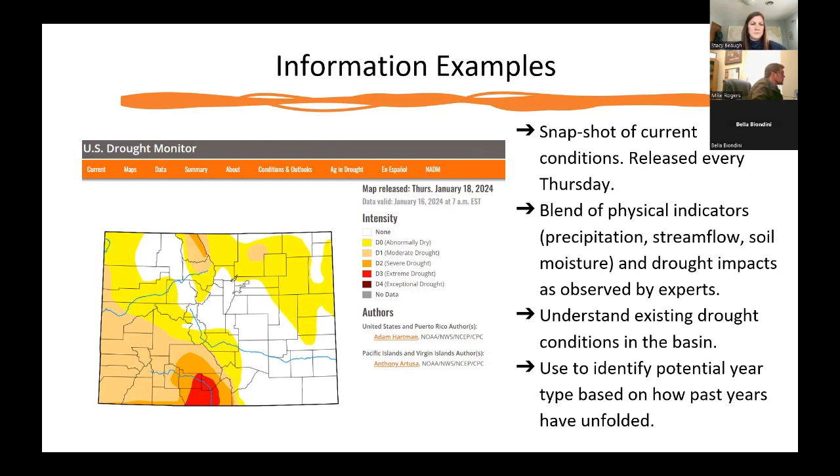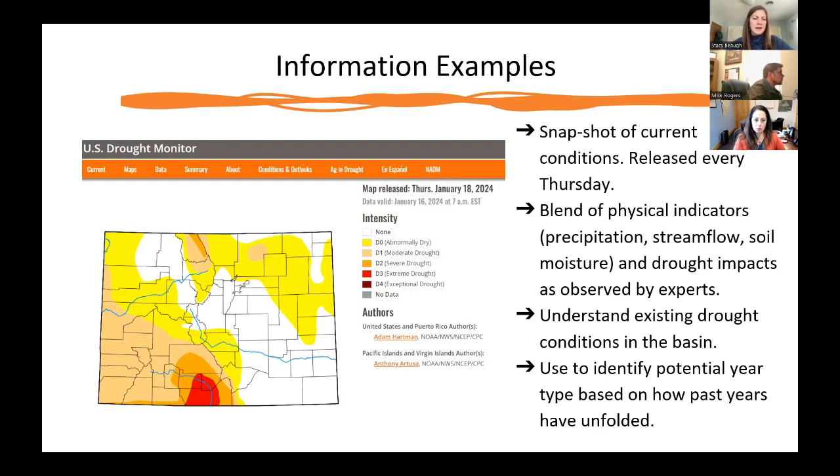They're really keying off of what the economic and environmental impacts are that the basin is experiencing due to the streamflow and soil moisture conditions. This is really helpful for understanding the existing drought conditions. They also have a forecast discussion portion as well, and we can use it to start identifying potential year types based on how past years have unfolded.